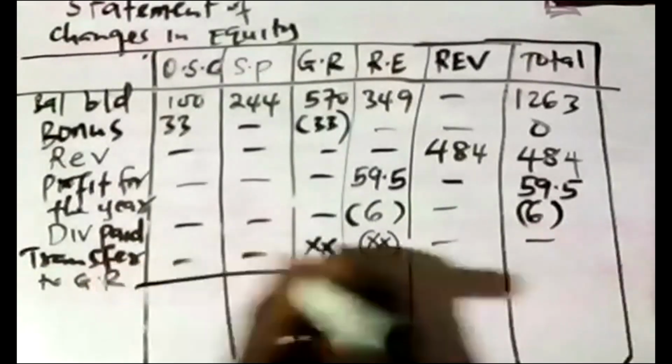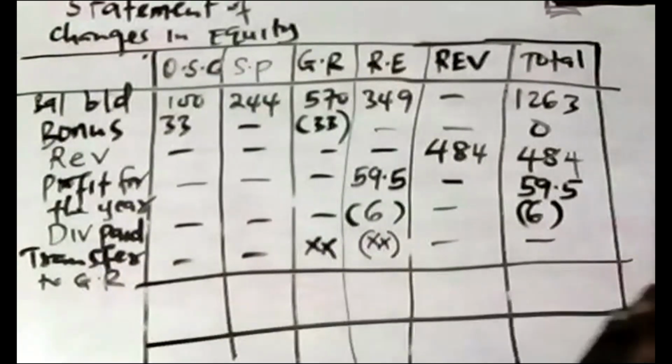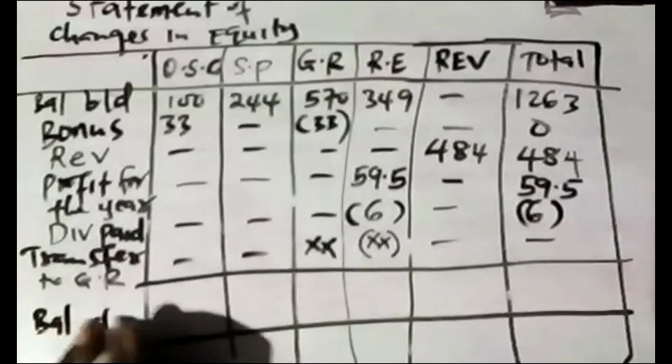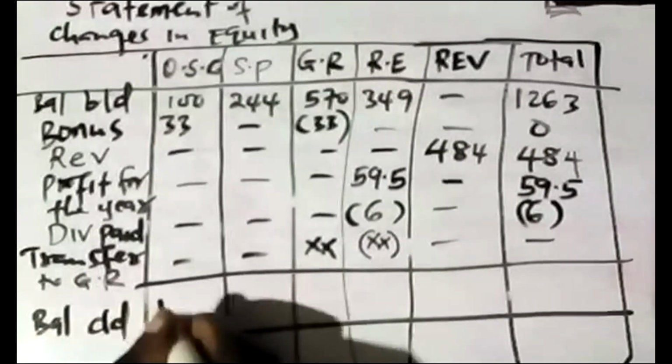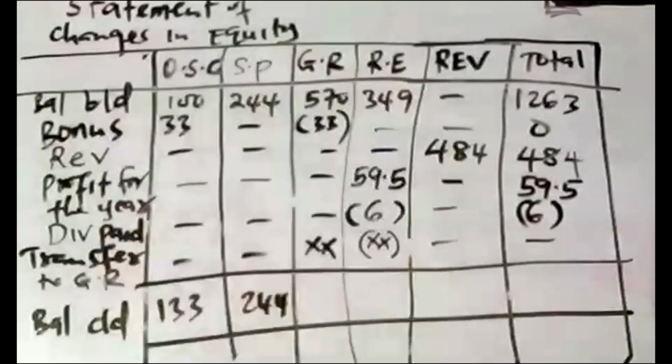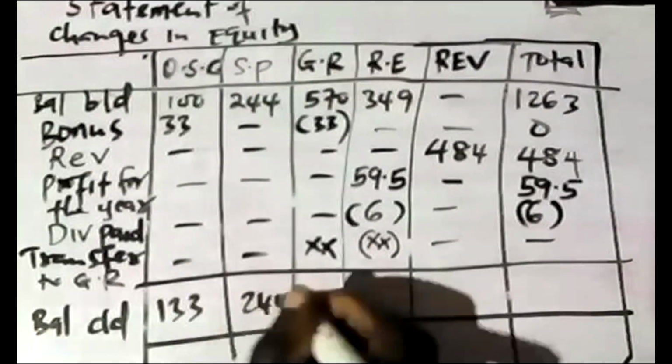So up to that point, I think we can get our balance carried down. The first one is 133. This is 244. So 570 minus 33, that is 537.